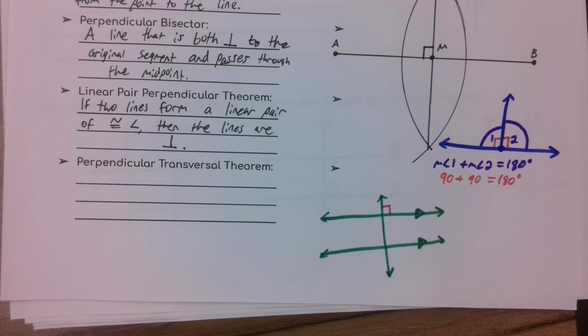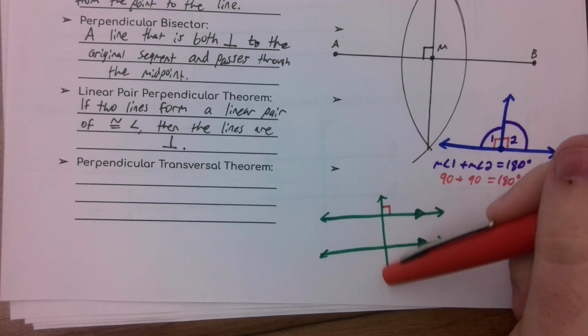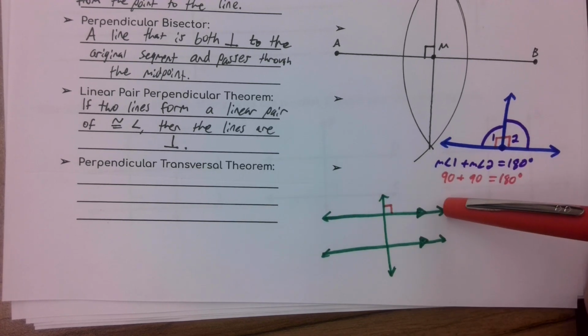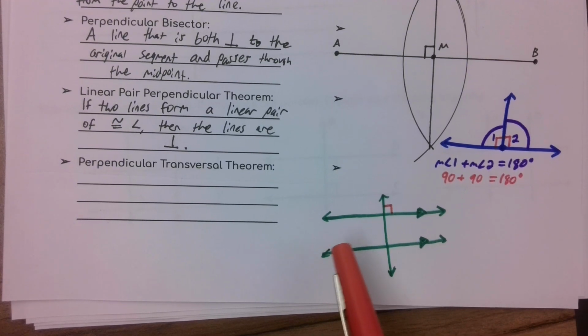The rule is, if you ever have a transversal perpendicular to one line, the transversal has to be perpendicular to the other line. Why? Well, for a reason we'll be explaining in a later proof.